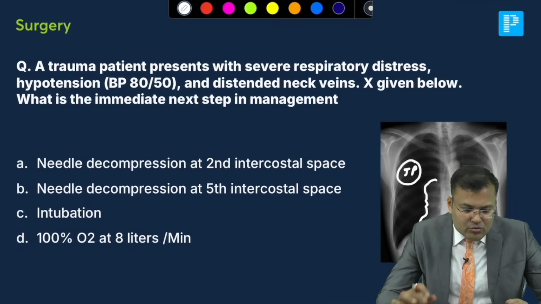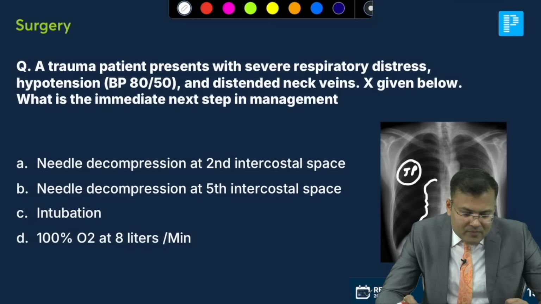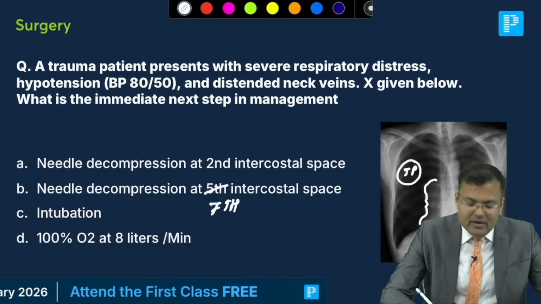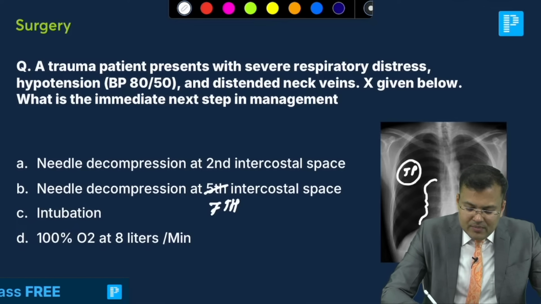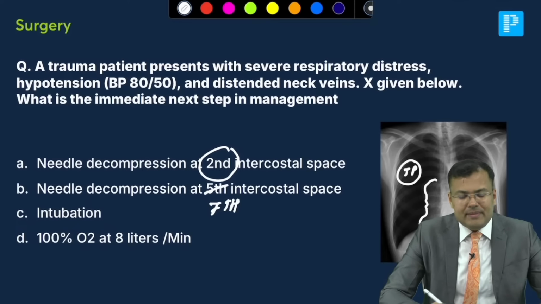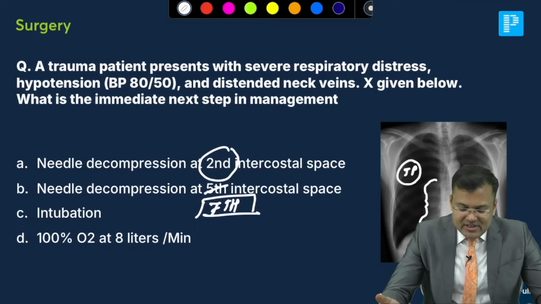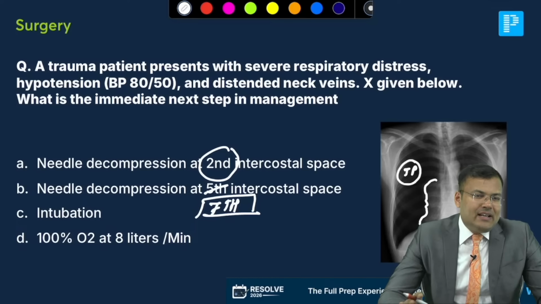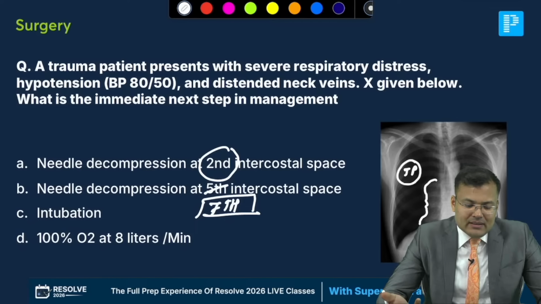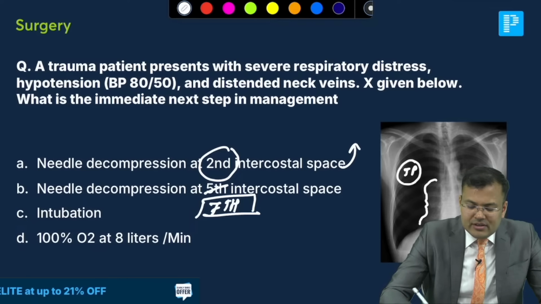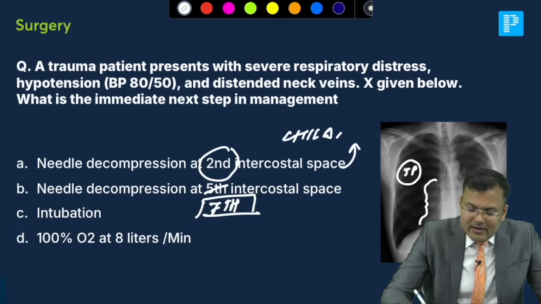But students were saying, sir, it was 7th intercostal, not 5th. So obviously we are not going for needle decompression at the 2nd intercostal space, then mark 7, though it's not correct. Clear? Intubation is not needed. So guys, ideally it should be 5th, but if not given, then mark the 7th, because we do the 2nd intercostal space in children. Clear? The age of the patient was mentioned in the question guys.